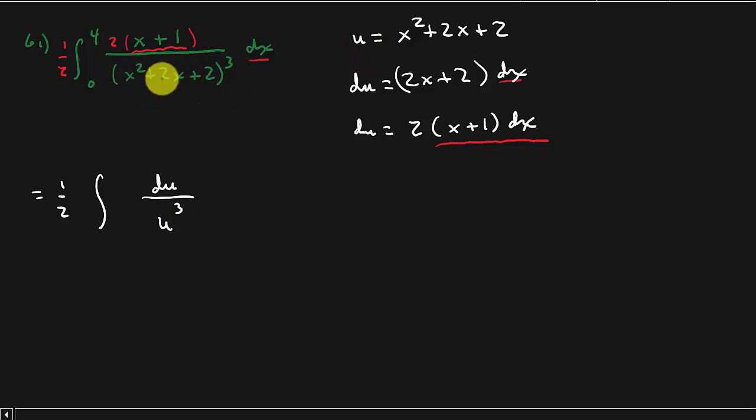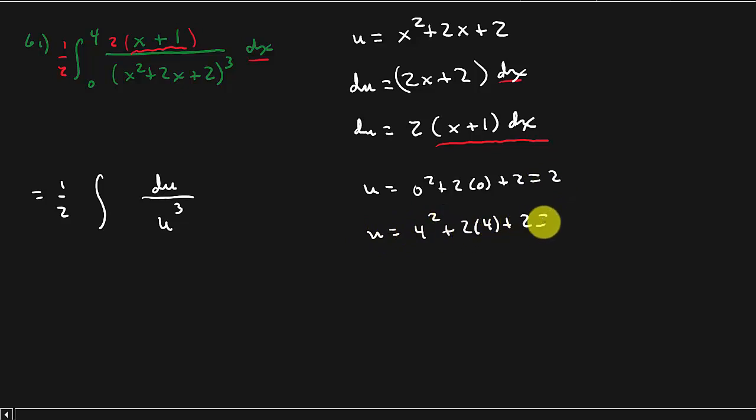Now what do we need to do? Now we need to change our limits. So u is equal to 0 squared plus 2 times 0 plus 2, which is 2. And u is equal to 4 squared plus 2 times 4 plus 2. What is that? 16 and 8 is 24.